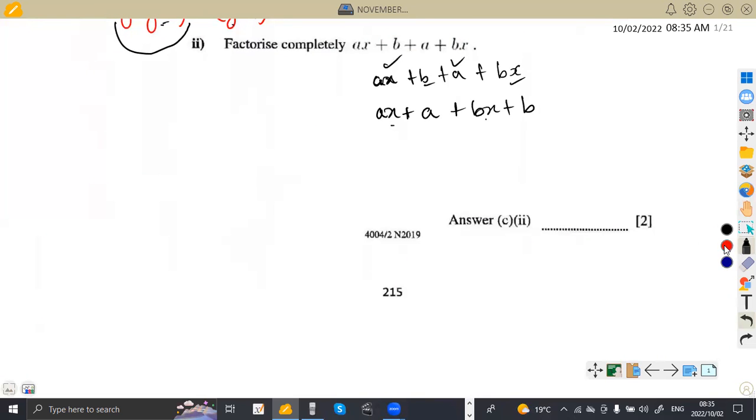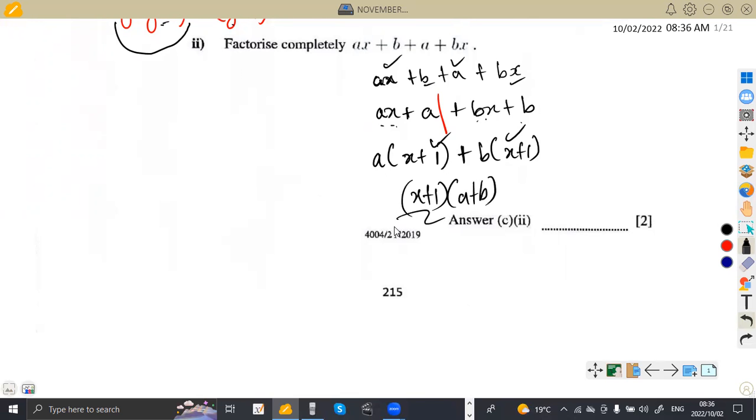On the first two terms, what do we have that is common? It's a, so you can factor out a: x plus 1. Plus here we can factor out b, which is common: x plus 1. So the two brackets are common, so we're going to have x plus 1 into a plus b. Okay, so that is what we had, just 2 marks for that. So I think it's pretty clear.